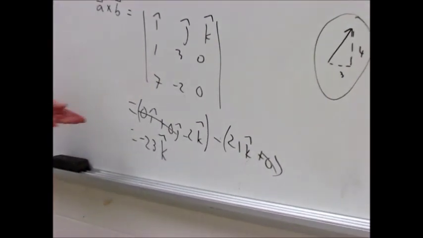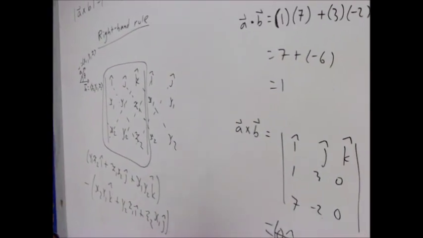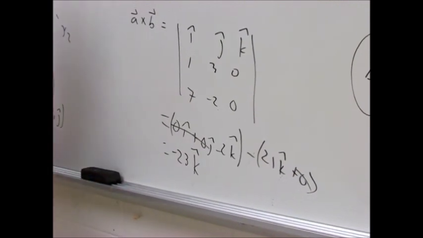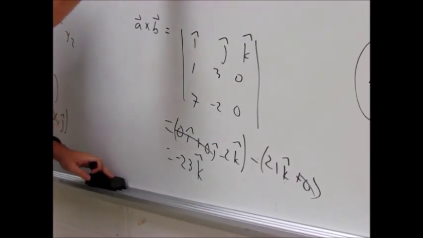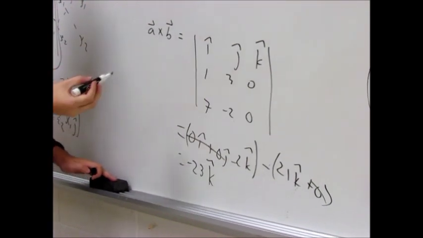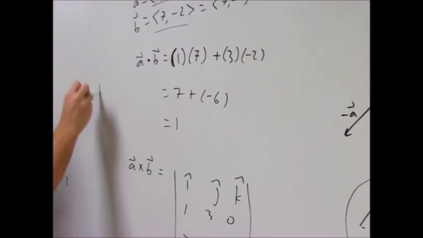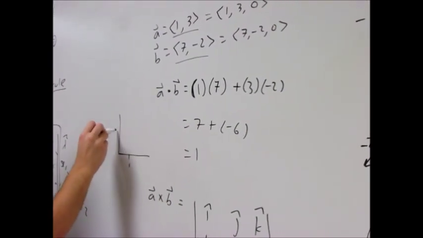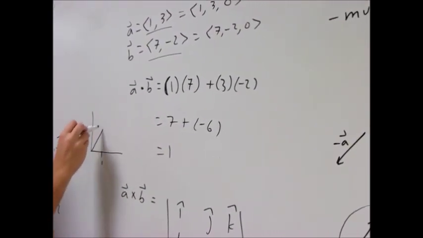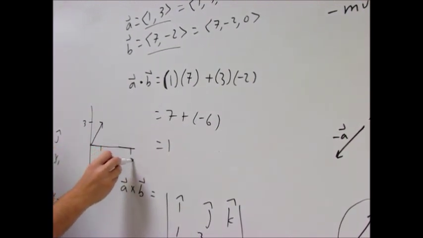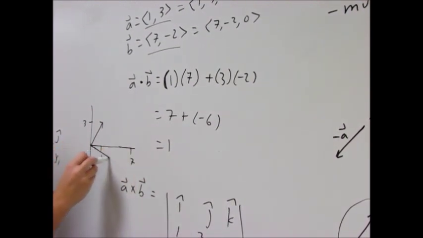And now, how does this correspond to what we said before about the cross product? This should be what we expect because these are only in the x and y direction, which means they're in this plane. So if we draw a quick sketch, 1, 3 will look something like this, and 7, negative 2, something like this.